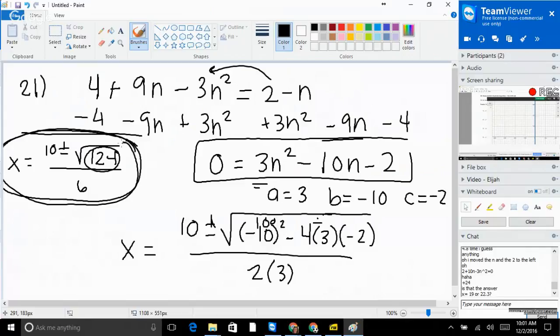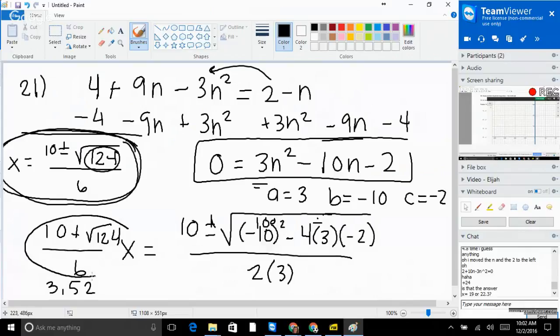What you would type in your calculator is 10 plus the square root of 124, divided by 6, which when I do that, I get 3.52 if I plug this into my calculator.